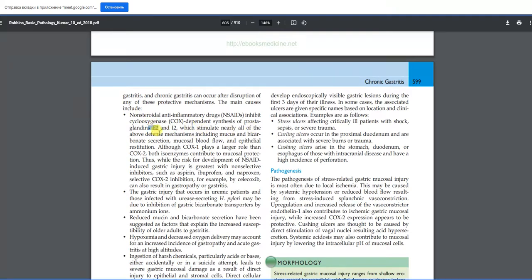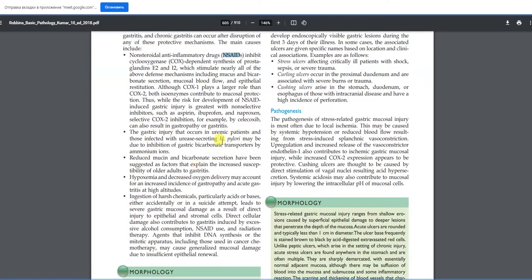They stimulate nearly all the above defense mechanisms, including mucus and bicarbonate secretion, mucosal blood flow, and epithelial restitution. If we use non-steroidal anti-inflammatory drugs, all these protective mechanisms are destroyed. What is COX-1, COX-2? It doesn't matter right now. First of all, keep in mind the role of non-steroidal anti-inflammatory drugs.